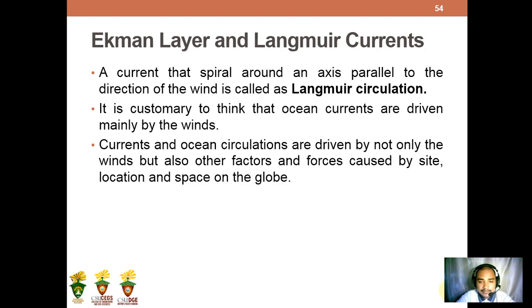So it is customary to think that ocean currents are driven mainly by winds. So we all know that. Ocean currents or waves are driven by the natural winds. And currents and ocean circulations are driven by not only wind but also other factors and forces caused by site location and space on the globe.